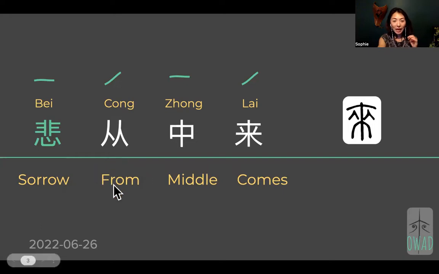从, I translate it as from, but originally it means follow. You see these two human figures, it means one person is following another person. They're walking the same direction. So that's the kind of follow. And eventually this follow concept means from, like you're following somebody, and that's how you start.